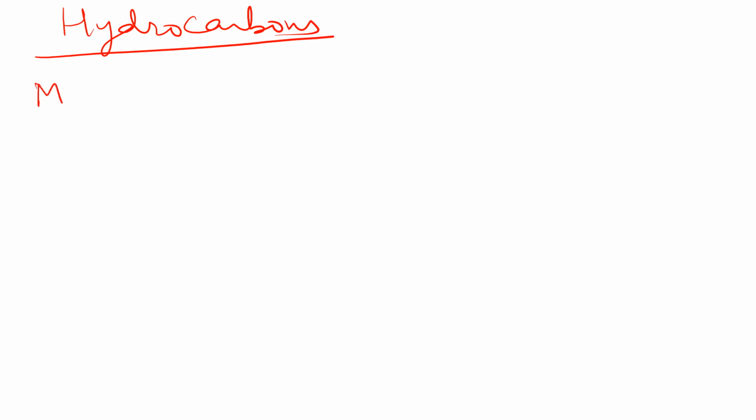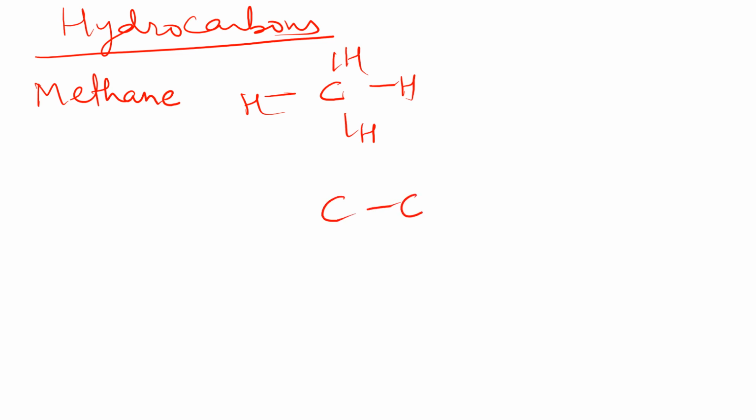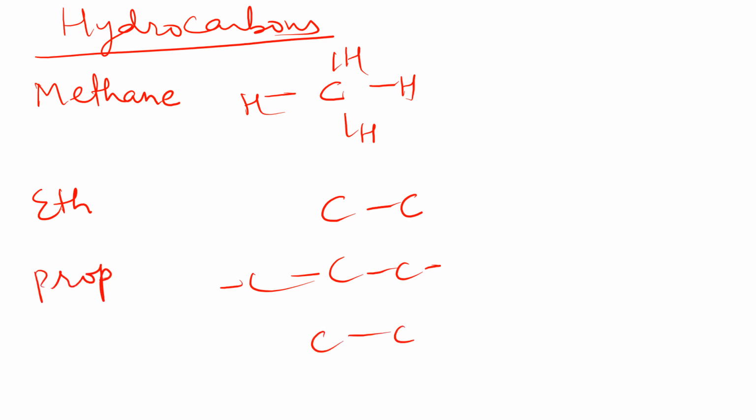The simplest hydrocarbon is methane, which contains one carbon. When there are two carbon atoms, it is eth. When it is three carbon atoms, it is prop. And if it is four carbon atoms, then but.